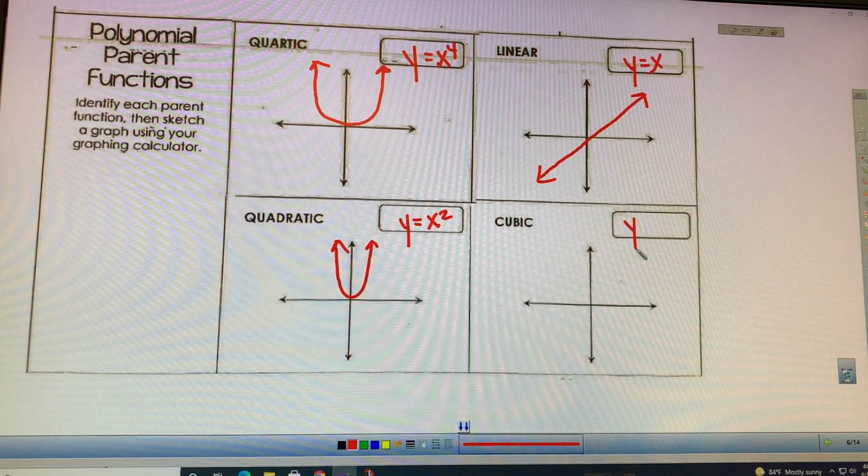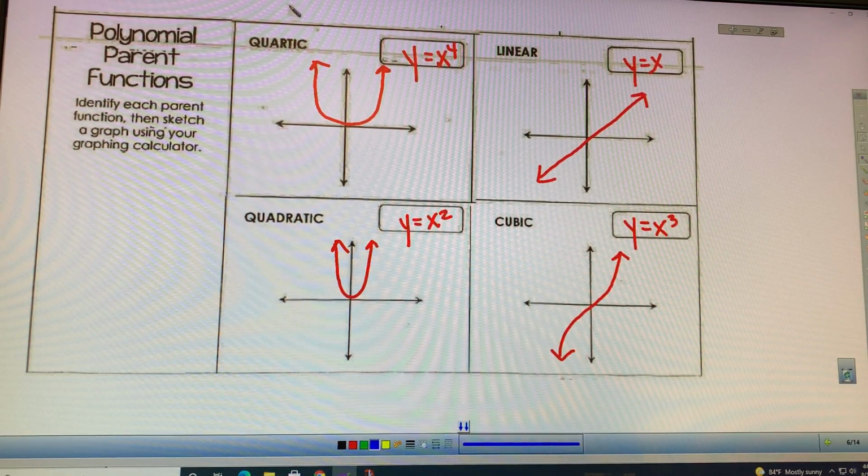And cubic, y equals x cubed. Okay, these are even degree, 4 and 2. These are odd degree.